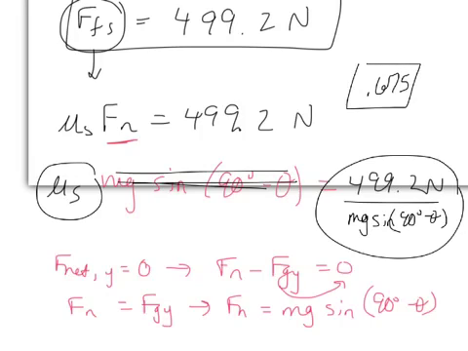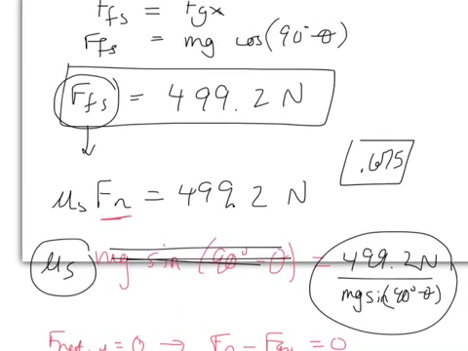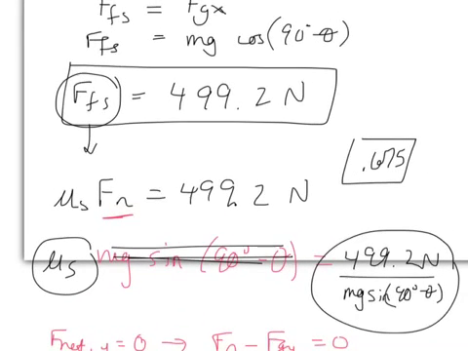Now, what's really interesting to look at, and this is where it gets kind of cool, is to go back and take a look up here when we had force of friction static. This was the line we want to look at. I'm going to rewrite this line over here, but instead of force of friction static, I'm going to write mu s Fn, because this is really that right there. And I'm going to say that equals this quantity still.